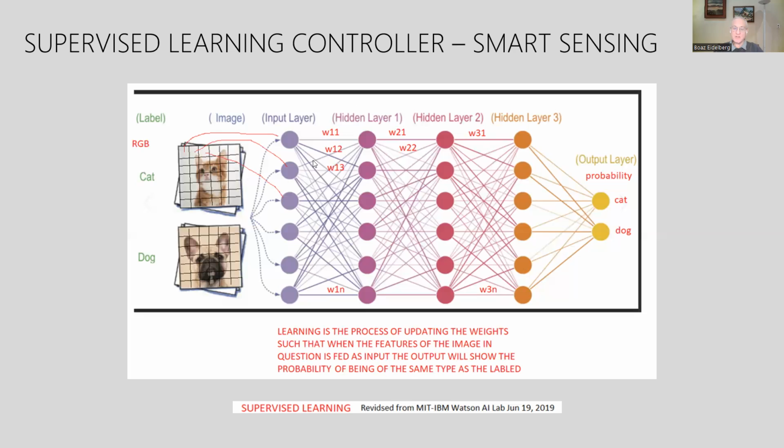In other words, once we train this system, then when we bring any feature in, it could be a cat or a dog, we will get over here, if there was a cat, that the probability of being a cat is like 95%, and the probability of being a dog is 5%. So this is very much used in motion controllers for vision.